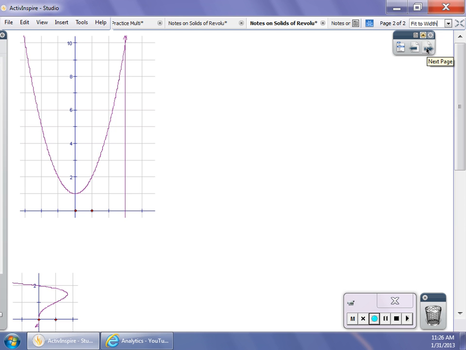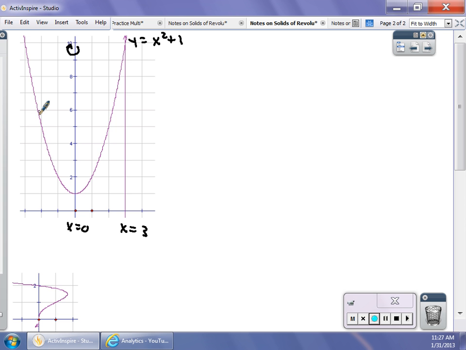So in this first particular one, I'm taking the graph of y equals x squared plus 1, bounding it from x equals 0 up to x equals 3, and rotating it around the y-axis.